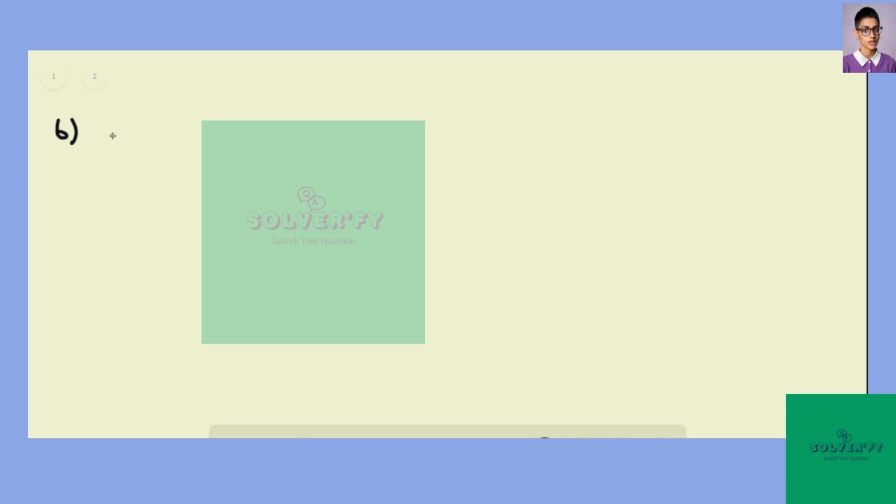So for part B, we want to know the intensity at point P divided by the intensity at the center of the screen, or whatever the interference pattern is being projected onto.